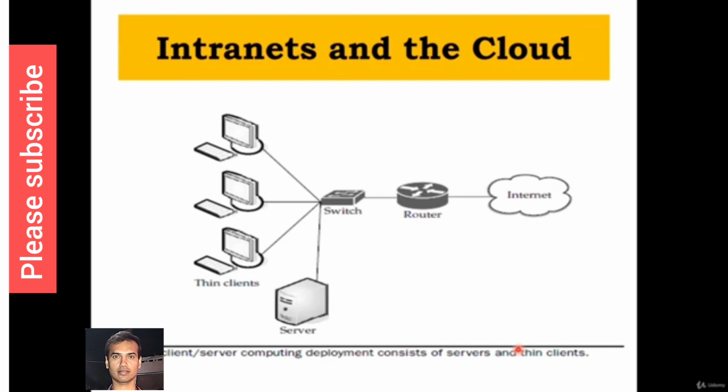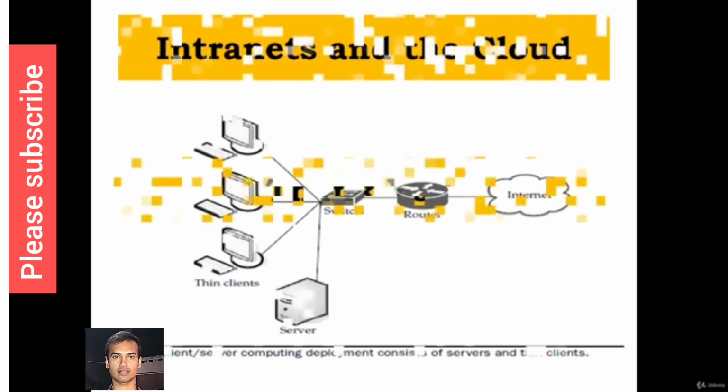You can see here in the diagram, we are using thin clients, and they are connected with the servers over the internet. The servers house the applications your organization needs to run, and thin clients, which do not have hard drives, display the results. So in this way, we can see the basics of cloud computing.